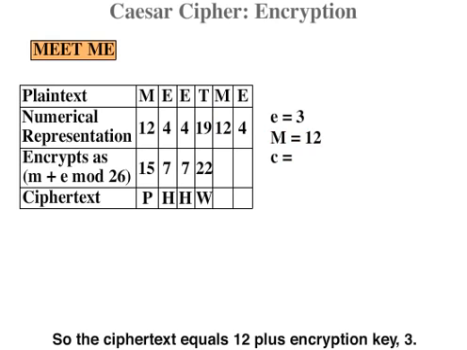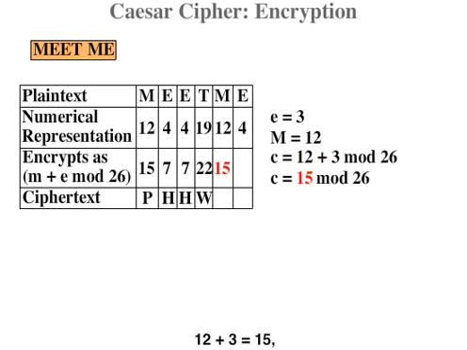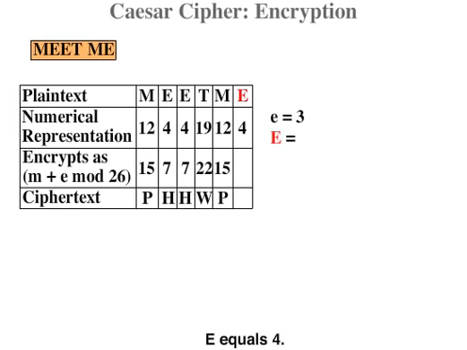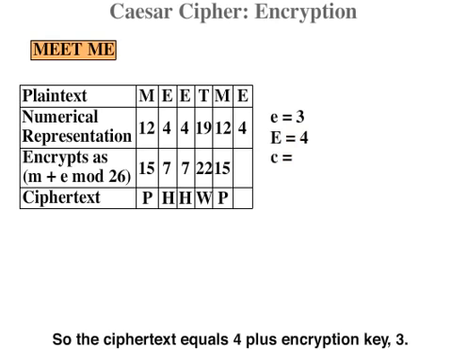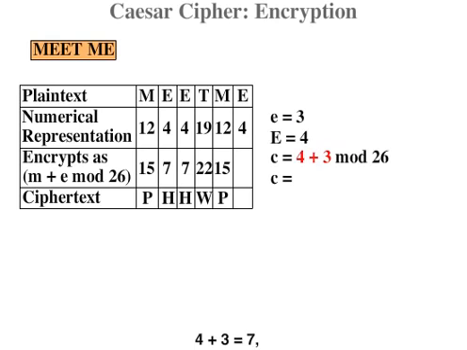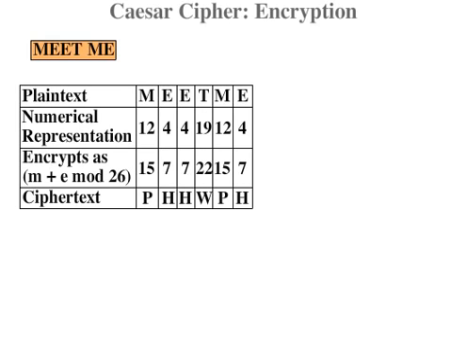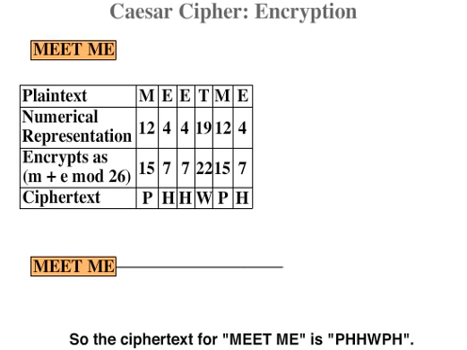So the ciphertext equals 12 plus encryption key 3. 12 plus 3 equals 15. 15 is the numerical representation for P. E equals 4, so the ciphertext equals 4 plus the encryption key 3. 4 plus 3 equals 7. 7 is the numerical representation for H. So the ciphertext for meet me is P, H, H, W, P and H.